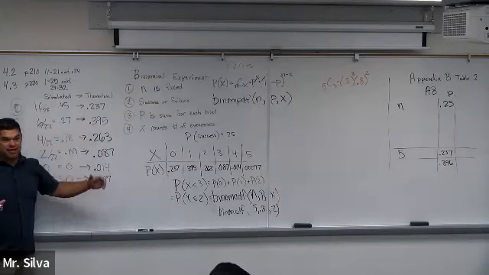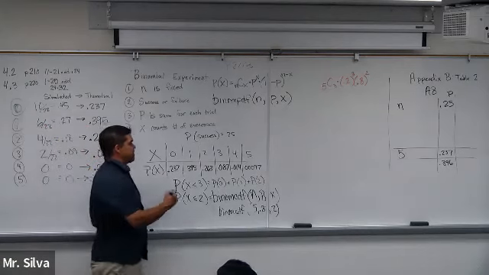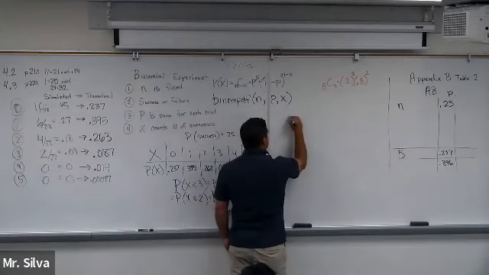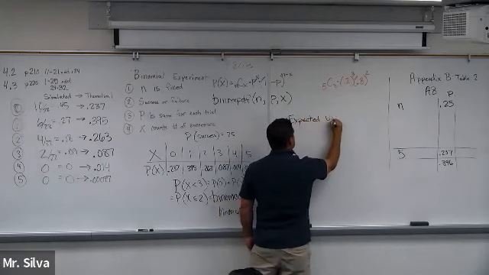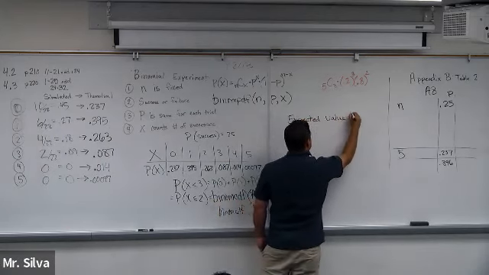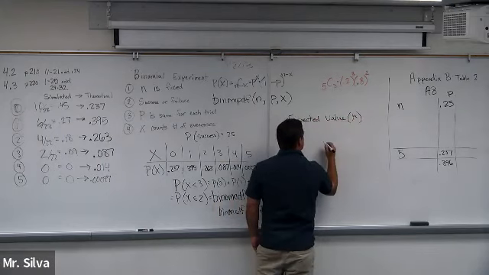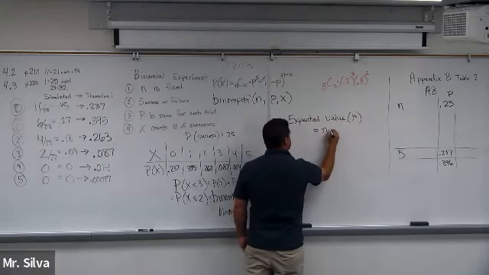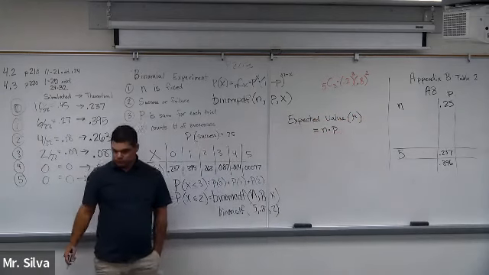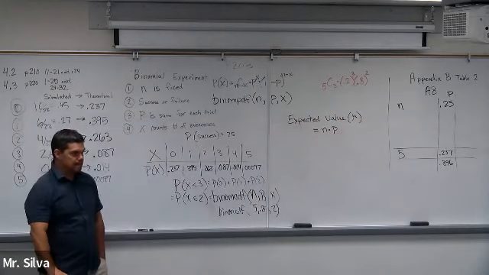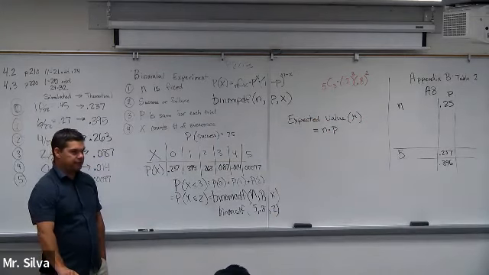So what's the mean of the distribution? The mean is called the expected value. And we learned that in 4.1, the expected value, which is the mean. We got a formula. N times P. What was N? N was 5.